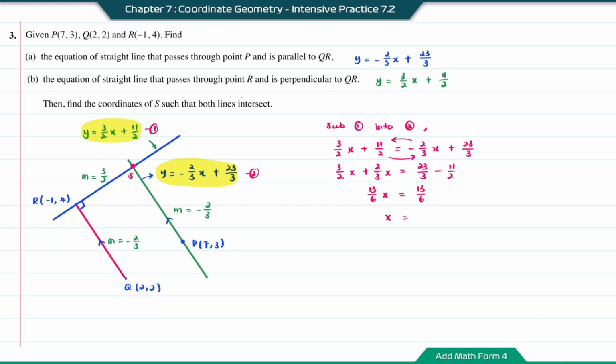So x is equal to 13 over 6 divided by 13 over 6, which is equal to 1. To find y, I'm going to sub x equal to 1 into equation number 1. So y is equal to 3 over 2 times 1 plus 11 over 2. So y is equal to 7. Then the coordinate S is (1, 7).